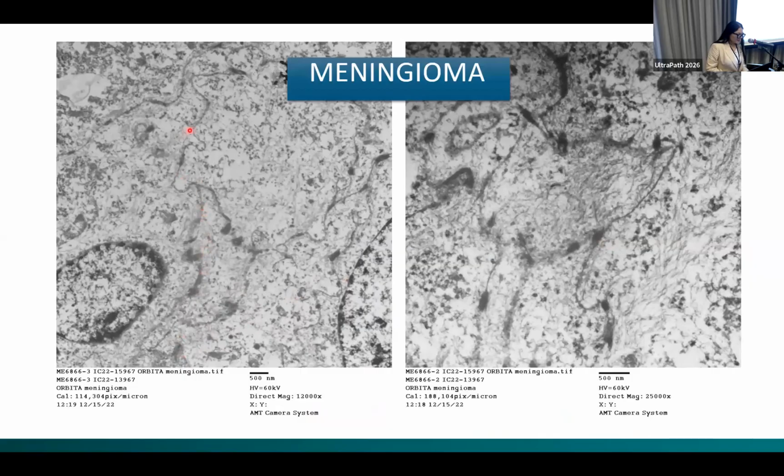So even though the artifacts are prominent, we can see these large polygonal cells with very prominent cell processes. And in some areas, we can see these well-developed desmosomal junctions and some collagen fibers. So these findings are highly suggestive of a meningioma.